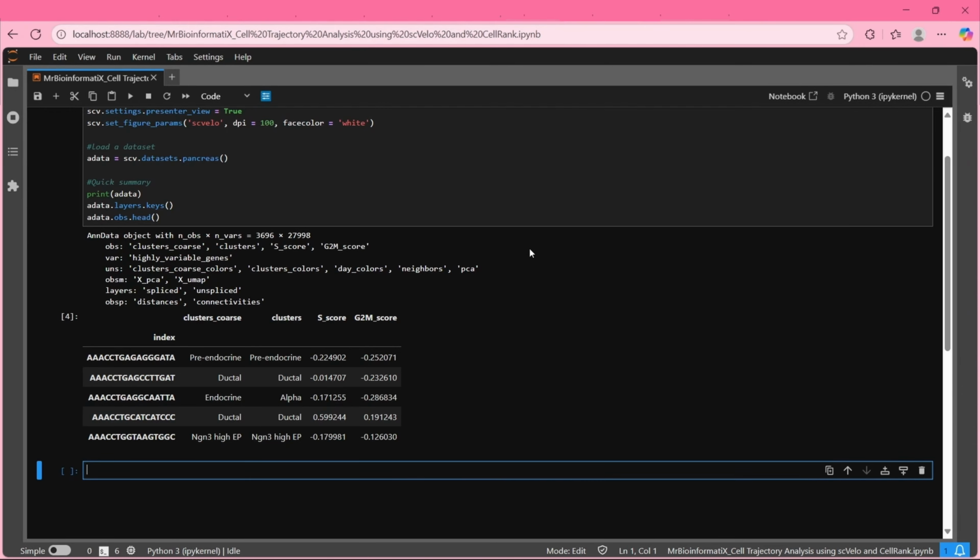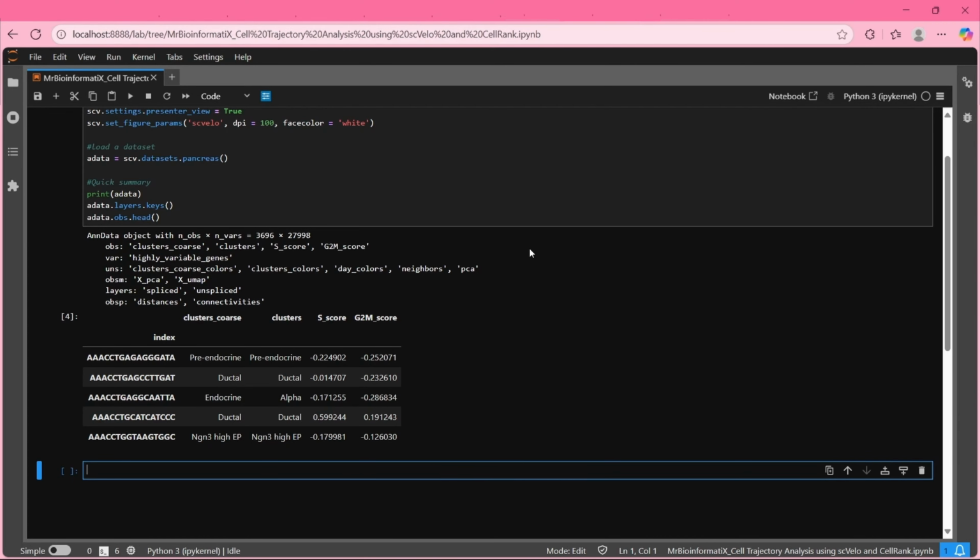Clusters_coarse means a broad cluster label, a general cell type group, like pre-endocrine, ductal, endocrine, etc. And clusters is a more detailed or refined cluster label. For example, for endocrine, you might see specific types like alpha or beta. S_score is a numerical score showing how active S phase genes are, the DNA replication part of the cell cycle.